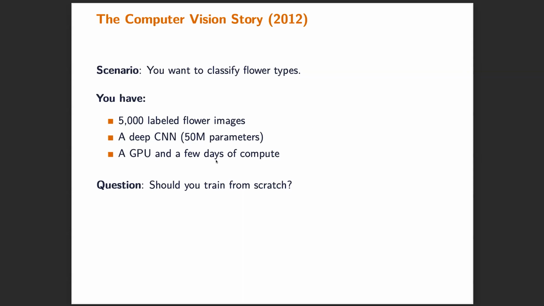Let's say we want to classify flower types and we have, let's say, 5,000 labeled flower images. And we want to train a CNN with 50 million parameters. We need a GPU and maybe a few days of compute or less, depending on the resources that we have. The question is, should we train from scratch?